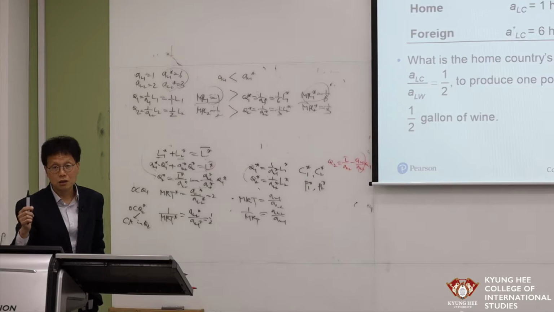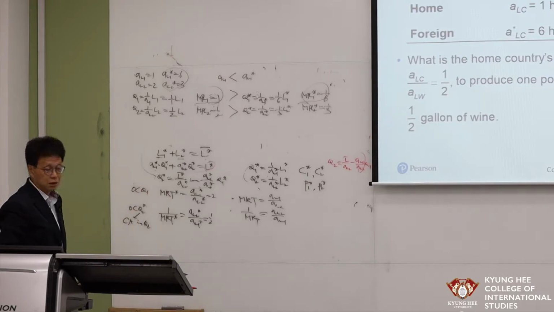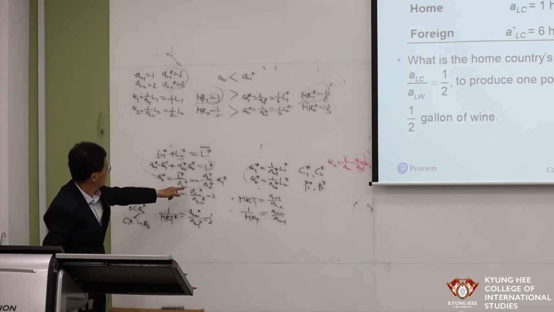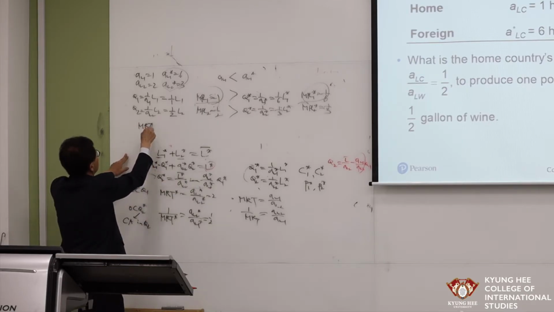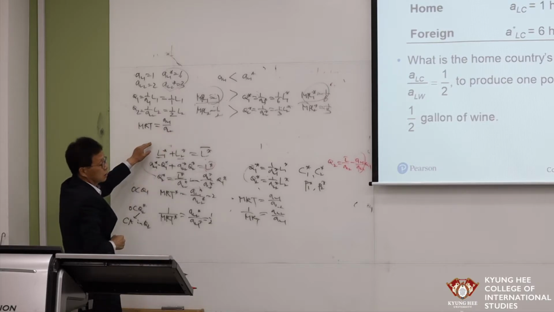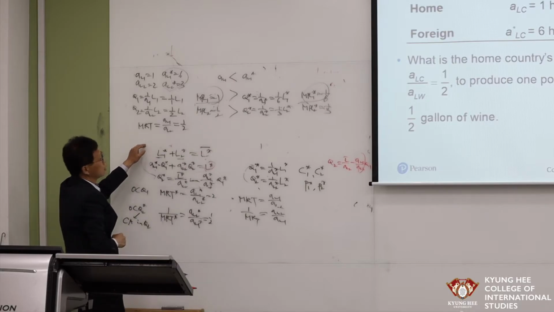Right? Now, calculate the MRT. When this is set up, we calculate the MRT in home. MRT in home is AL1 over AL2, isn't it? That is equal to half.